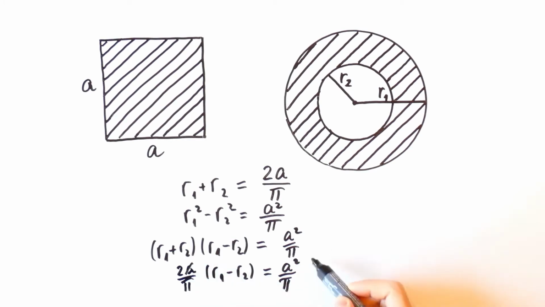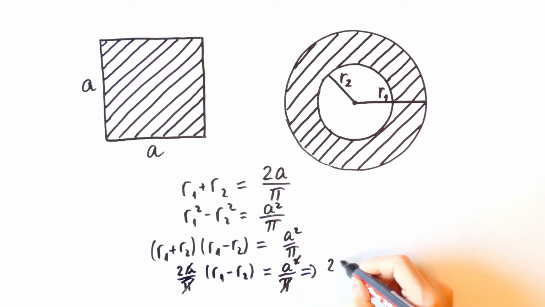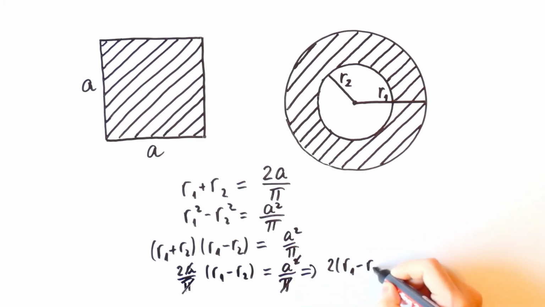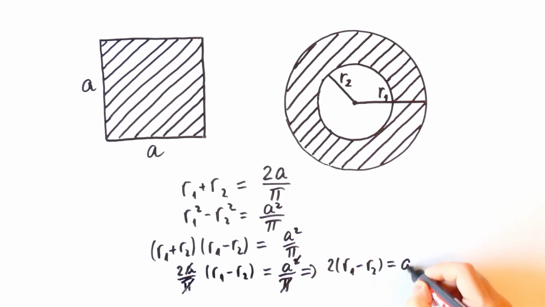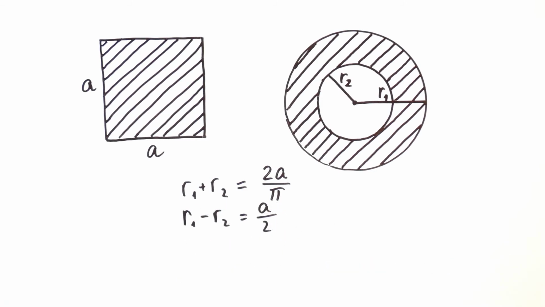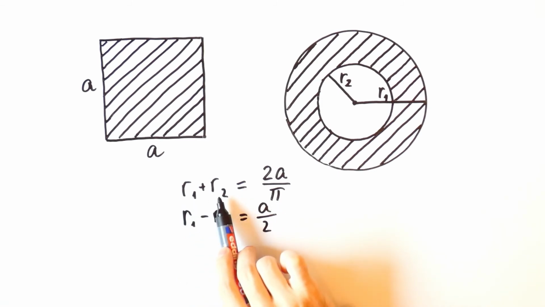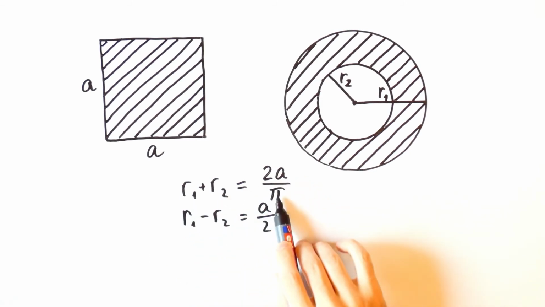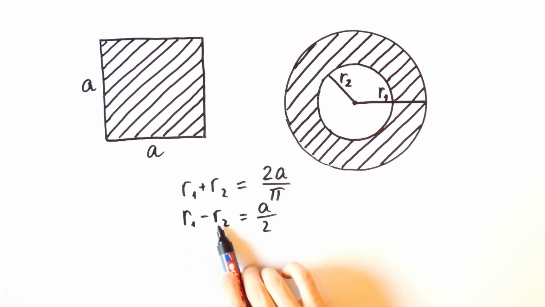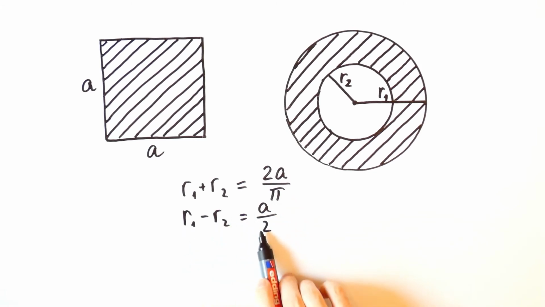Now a and a cancel out, pi and pi cancel out, so that means that 2 times r1 minus r2 is equal to a, that is r1 minus r2 is equal to a over 2. So r1 plus r2 is equal to 2a over pi, and r1 minus r2 is equal to a over 2.